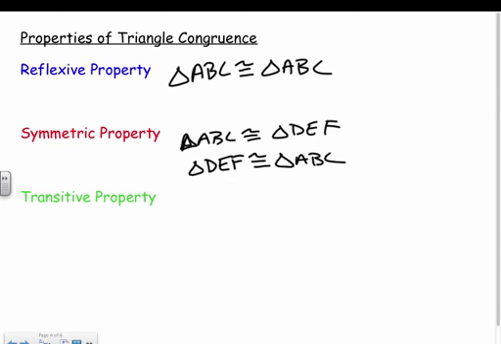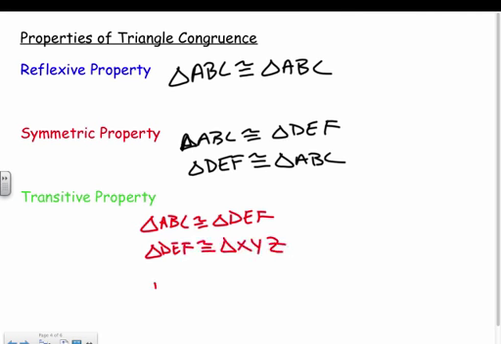By the symmetric property, you can flip them. And the transitive, remember if I have a triangle congruent to another triangle, and that triangle is congruent to another triangle, then the first and the third would be congruent to each other. ABC would be congruent to XYZ.